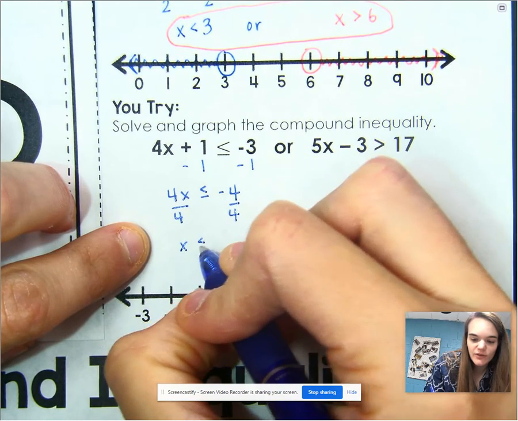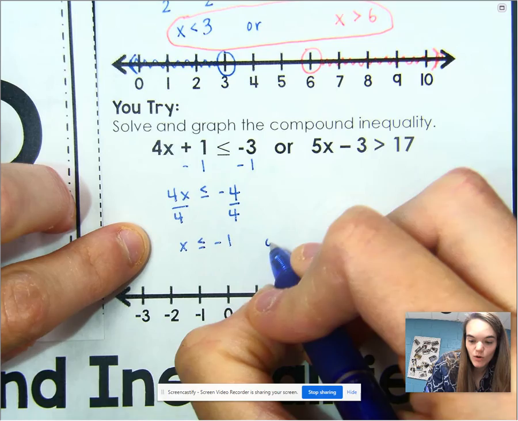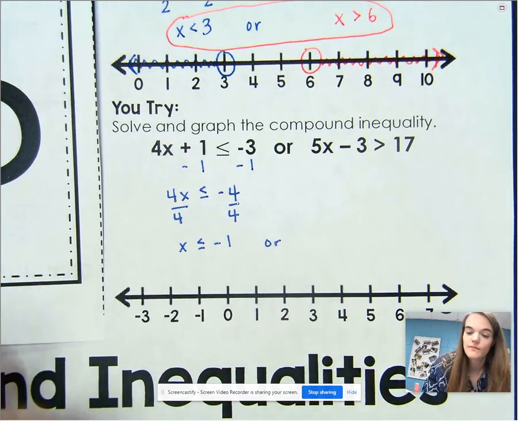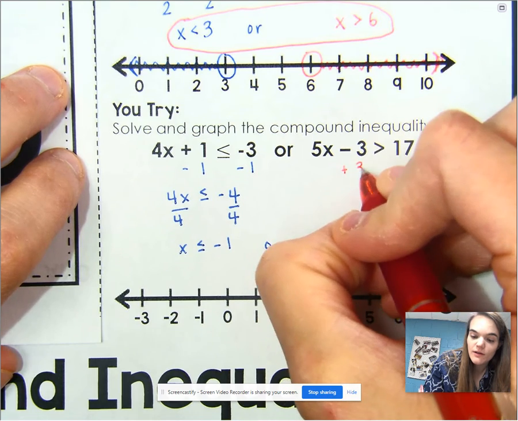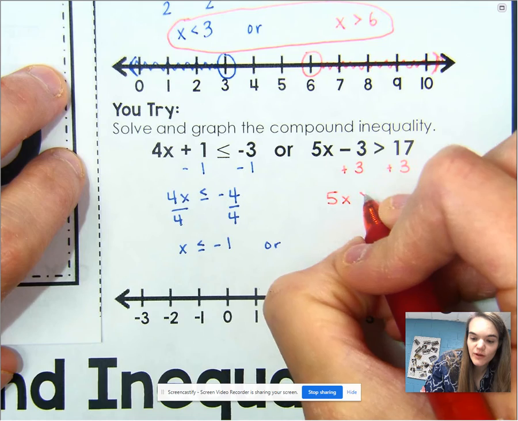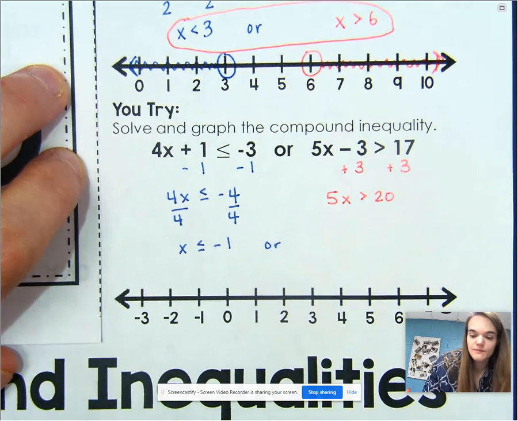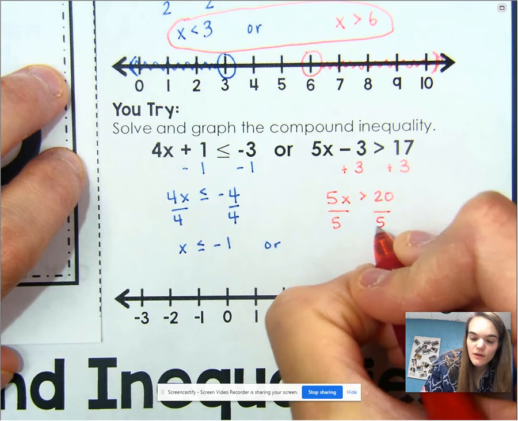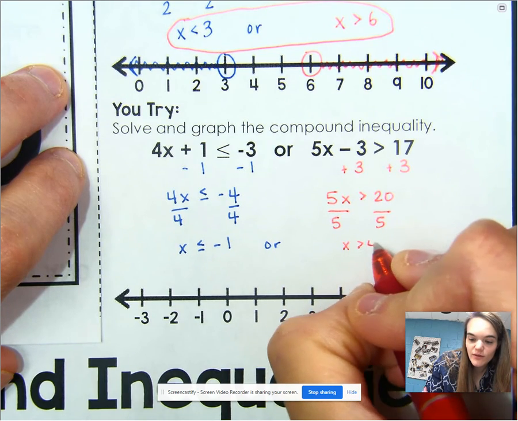X is less than or equal to negative 1. Or solve the second one. Add 3. 5x is greater than 20. Divide by 5. X is greater than 4.